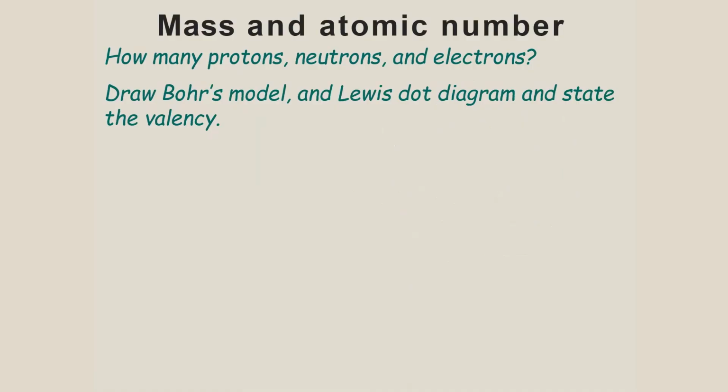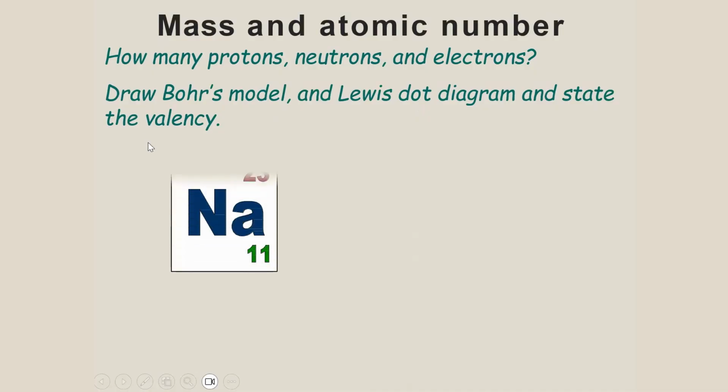This homework is a collective homework to revise the atomic structure, the electron configuration, the atomic number and the mass number. So for all the atoms that you can see here, you need to tell how many protons, how many neutrons, and how many electrons for each atom, to draw the Bohr model and the Lewis dot diagram, and to state the valency of each.